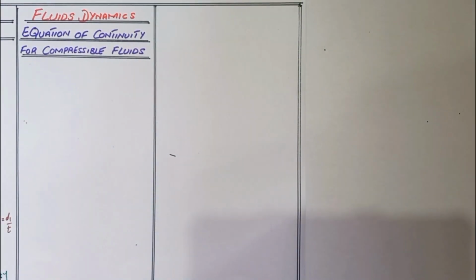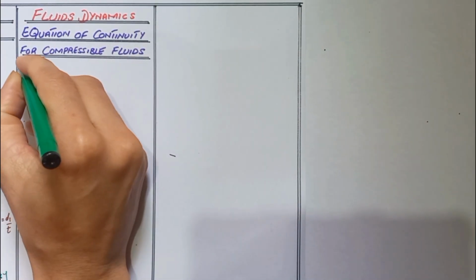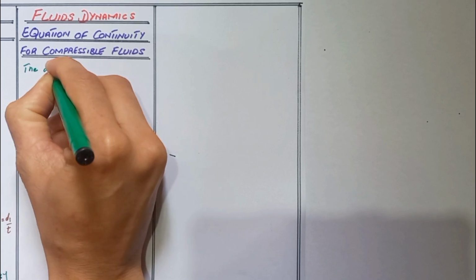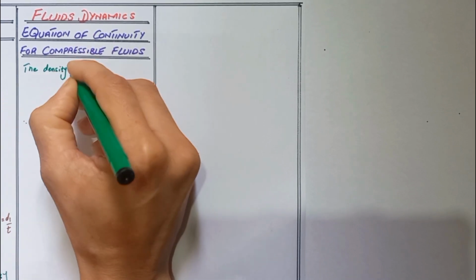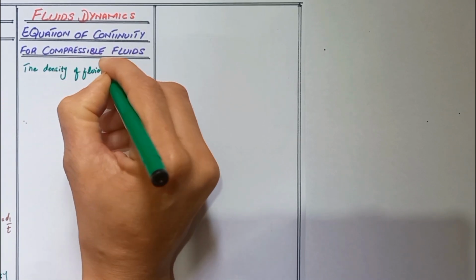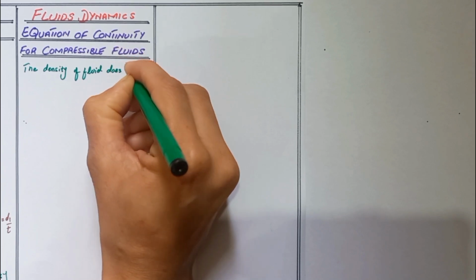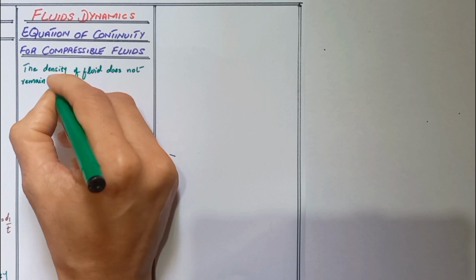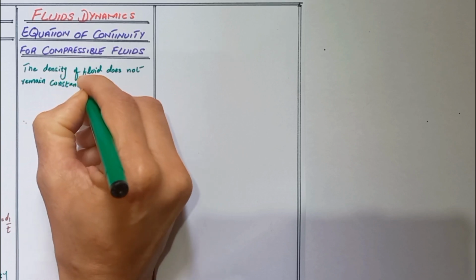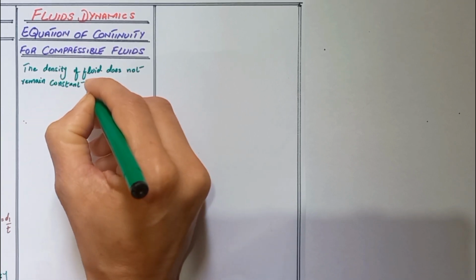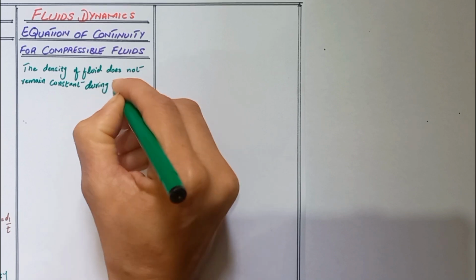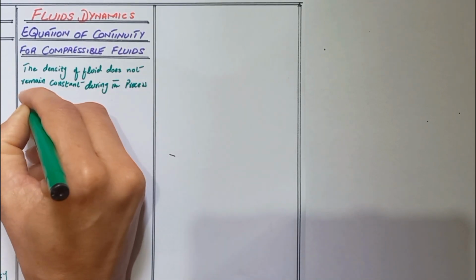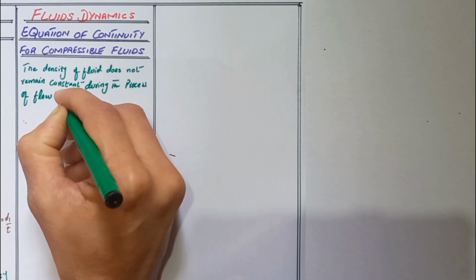Today we discuss the equation of continuity for compressible fluid. In this, the density of the fluid does not remain constant during the process of flow.